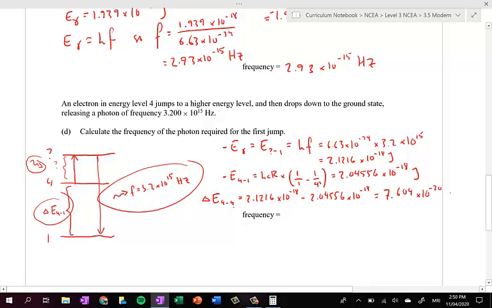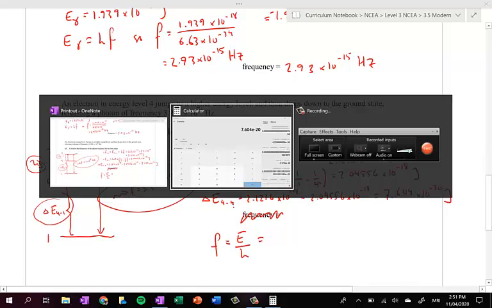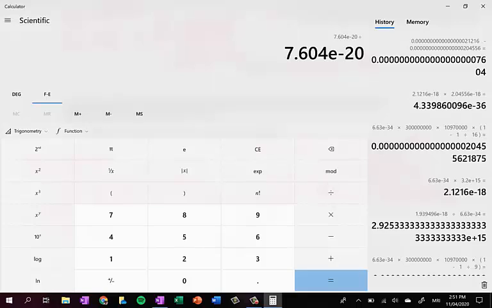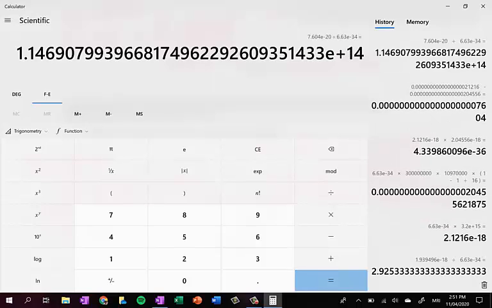So it's quite a small number. And I need another line of working here, so the frequency is just going to be E over h, so we want to divide this by h, that's 6.63 times 10 to the negative 34, and it gives us 1.15 times 10 to the 14 hertz.